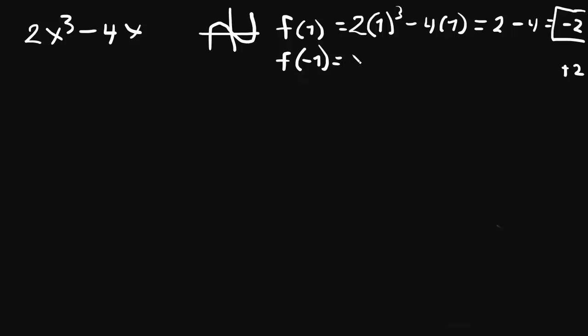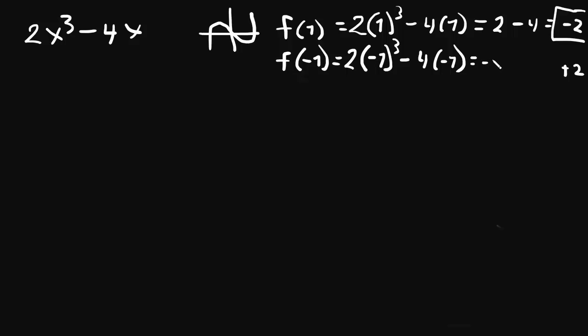If we put in 2 times negative 1 cubed minus 4 times negative 1, well, negative 1 cubed would still be negative 1 because 1 is still 1 no matter how many times you multiply it by itself. And any negative number raised to an odd power stays negative. So we still have 2 times negative 1, which gives us a negative 2.